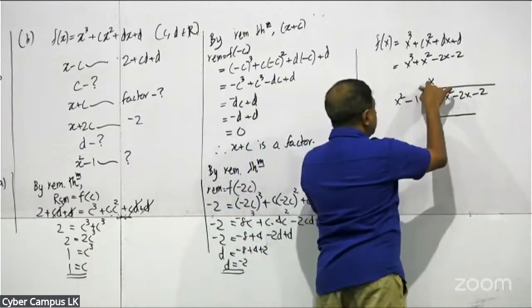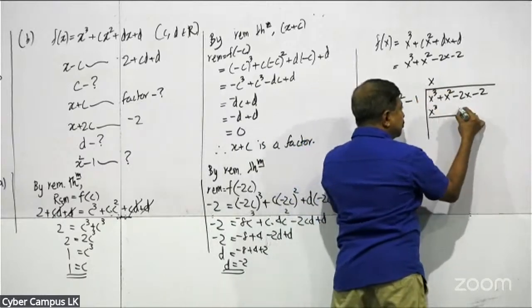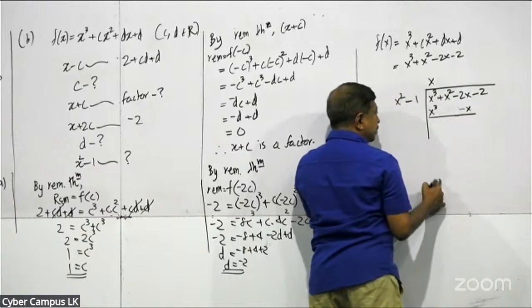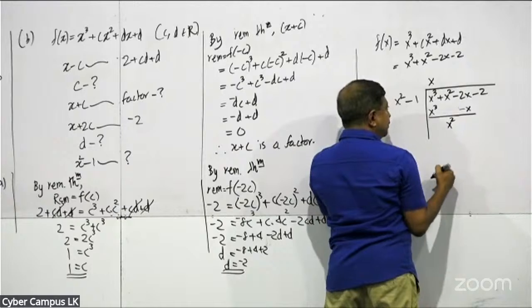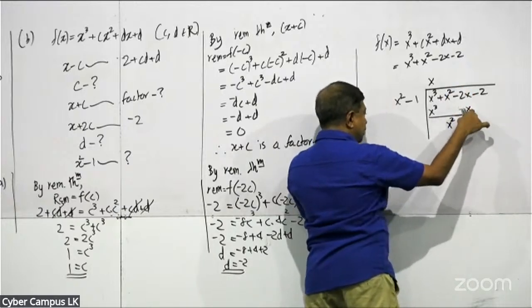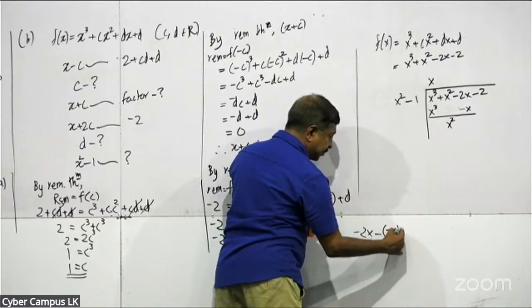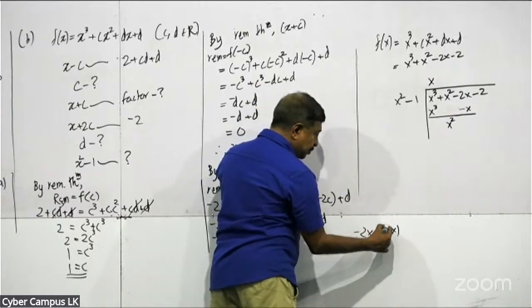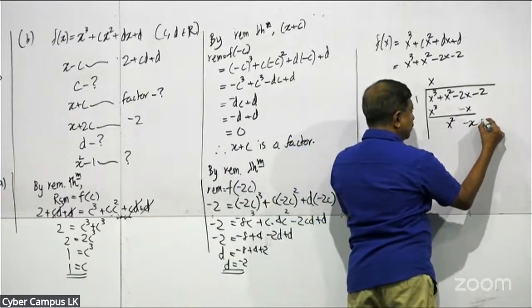So when you multiply this by x, you get x cubed. x times minus 1 is minus x, and you need to write it here. Now subtract. This is 0. This is x squared, minus 2x, now it is like this. Minus 2x minus x, so these two will make it positive. So it is minus x. Minus 2.